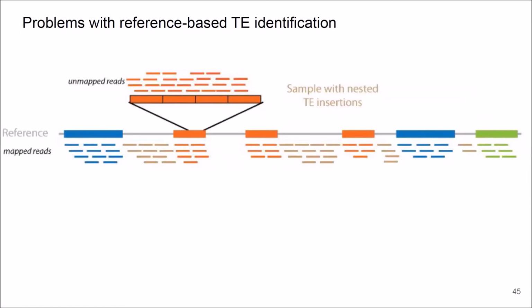But a reference-based approach can only identify a single one, because only on the very left and the very right side is there a unique genomic region that could be assigned uniquely by a read, while everything in the middle is the same. It would be unmapped or mapped randomly, and the number of TE insertions in this genome would be estimated to be 4 less than are actually present.